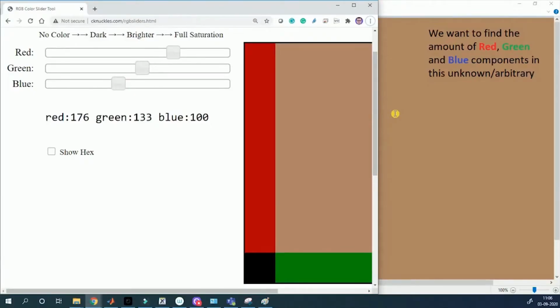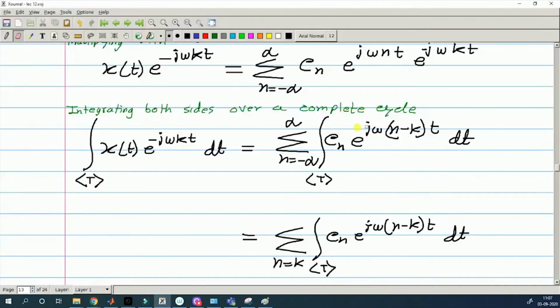So to determine the amount of one component, we are using filters to nullify or block other components, just the way here we are multiplying with something and integrating to make the effect of all other harmonics zero except only one harmonic.